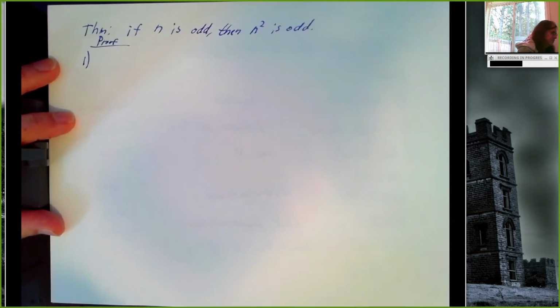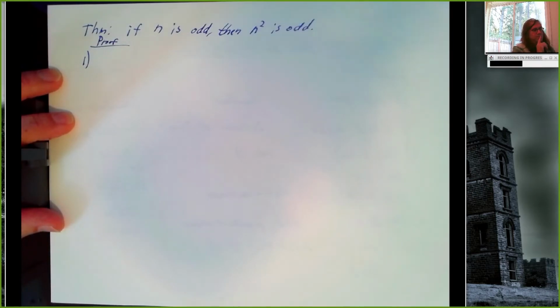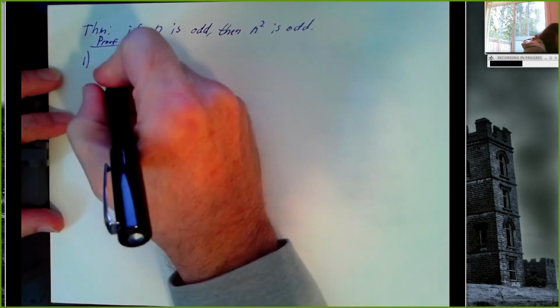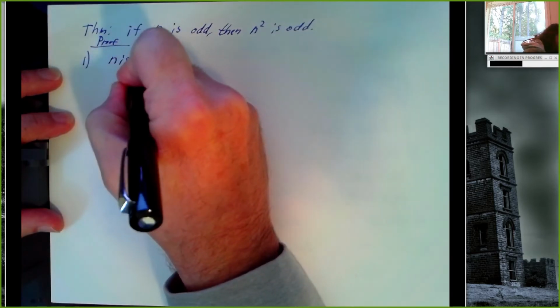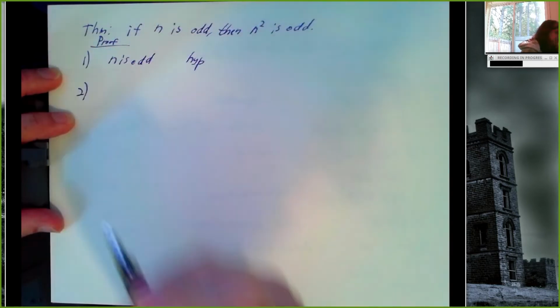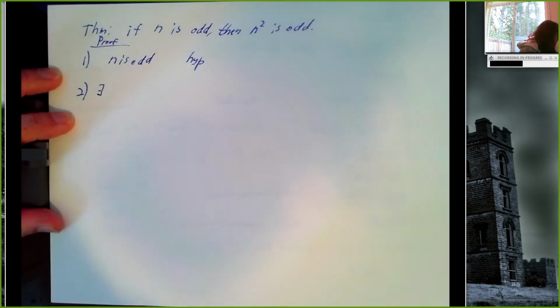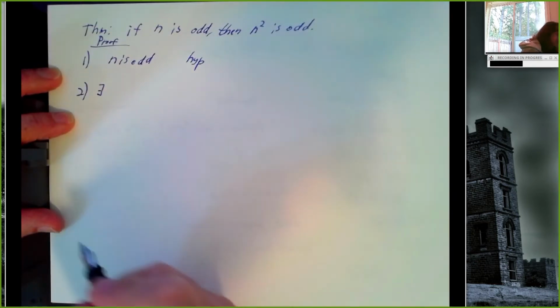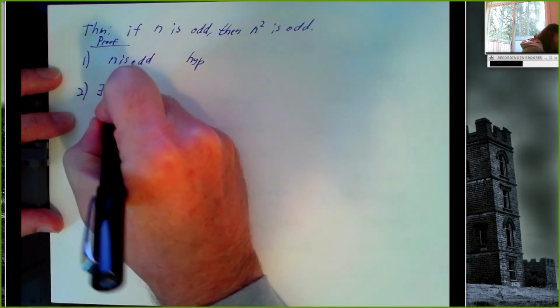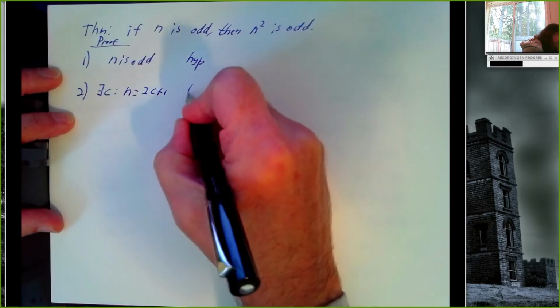Definition of odd. Could we put a step before that? I guess it's n is odd. Yeah, let's start with the hypothesis. And then let's do the definition of odd. So there exists, and I don't have to be bound to k, so I'll pick a c, there exists a c such that n equals 2 times c plus 1.